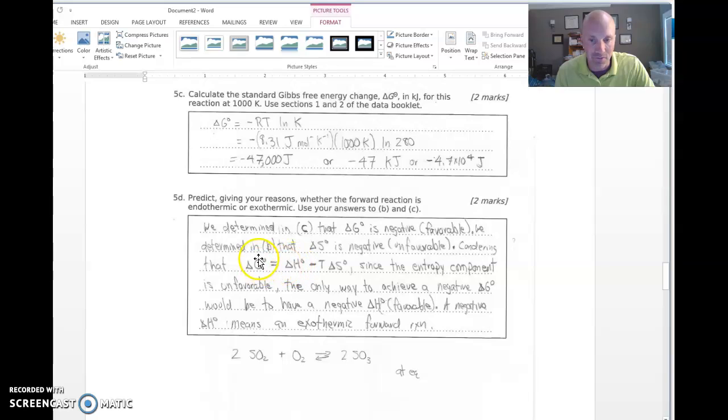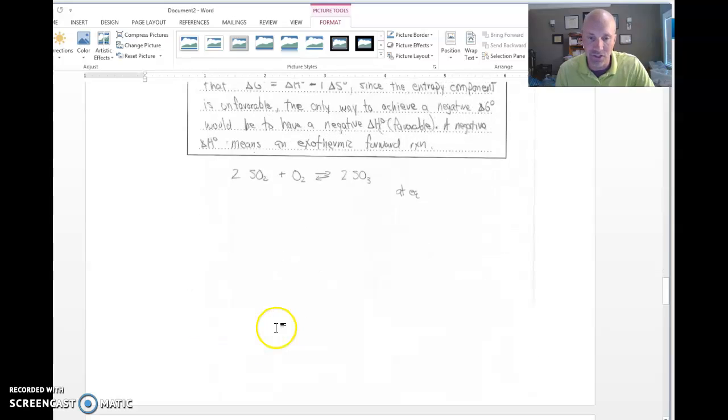So for this overall to be negative, this part of it would end up being positive, which means this has got to be at least more negative to compensate for the positive component. The reason I say that that's positive is it's going to be a negative of a negative. If that is negative right there, that means that overall it's going to be exothermic, because that's what a negative delta H is.